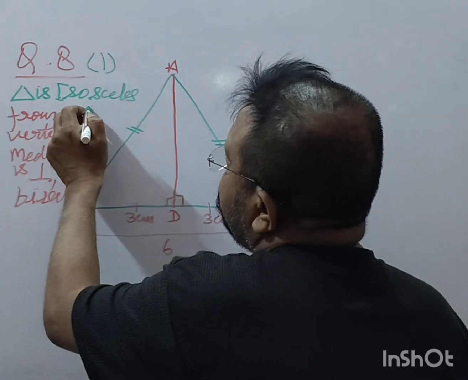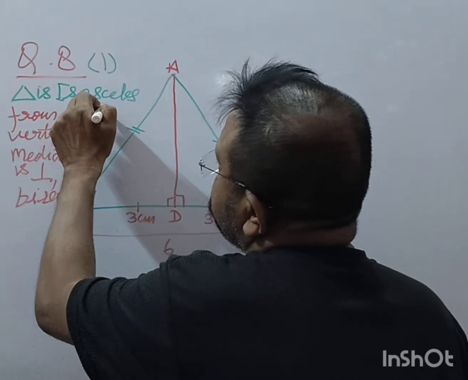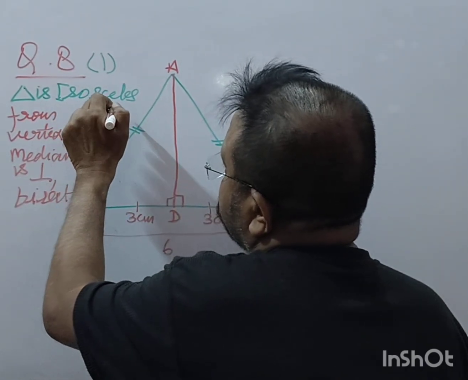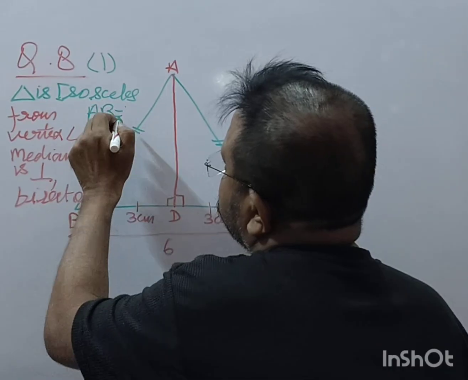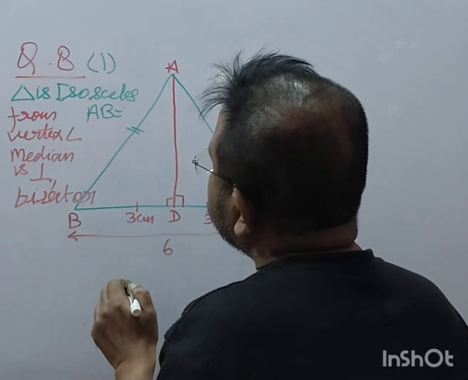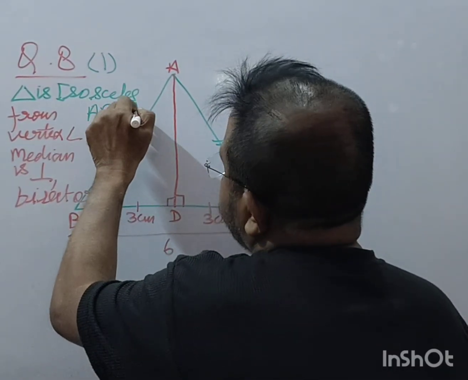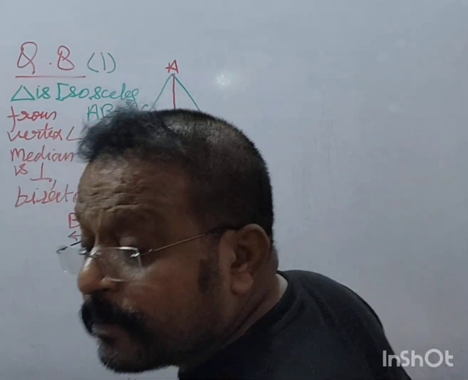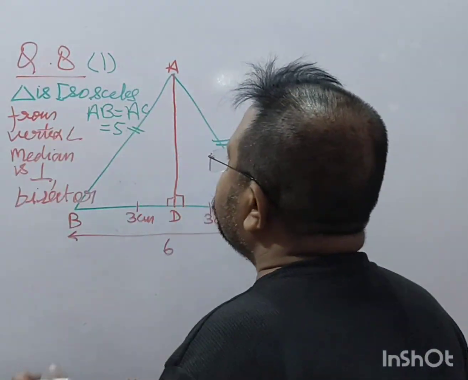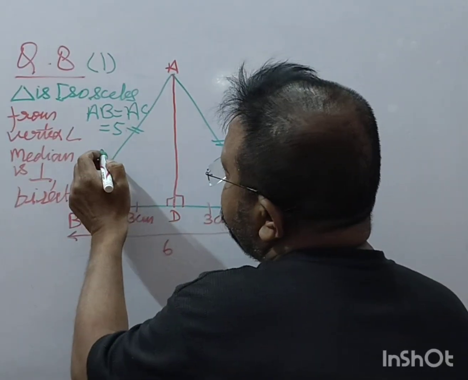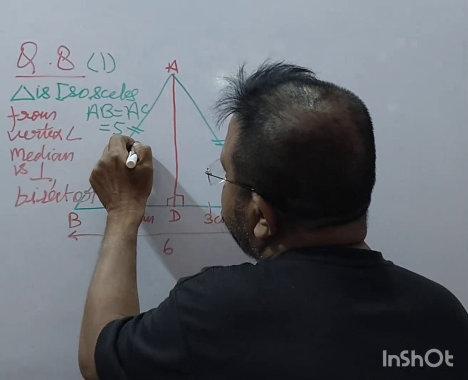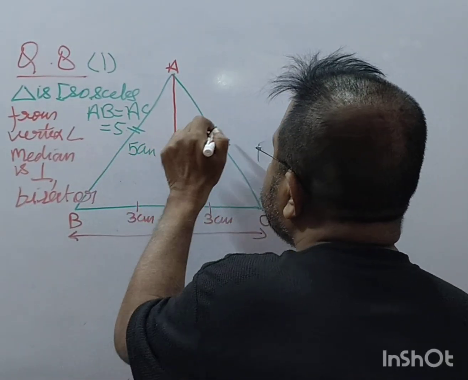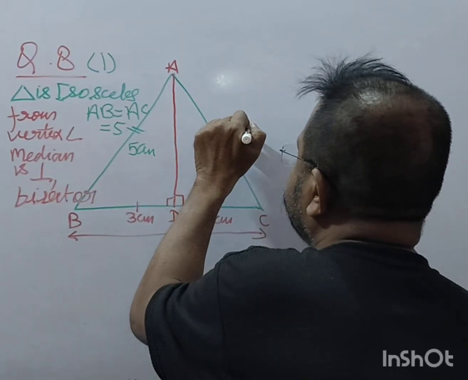So AB is equal to AC is equal to 5. That is not mentioned in the diagram. Okay, understood. This side is 5 centimeter.